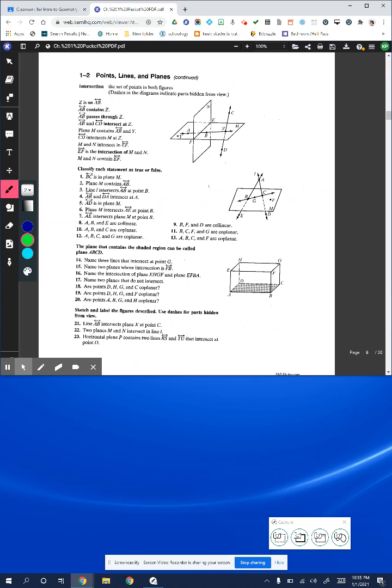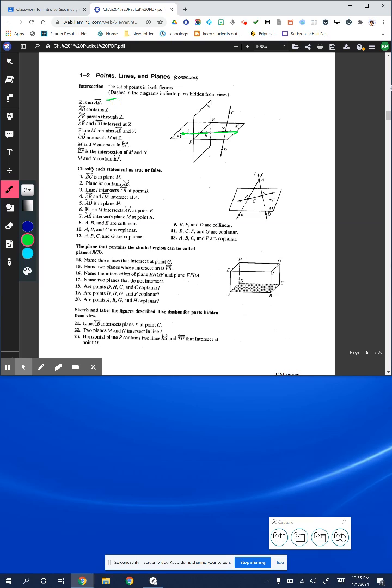All right, let's take a look at a couple of these together. The first one says Z is on line AB. So I'm going to find Z right here. Is it on the line AB? Well, yes, it would be, because AB, just like that, is a line segment, but I can extend out and I can extend out, and it would be on that line.